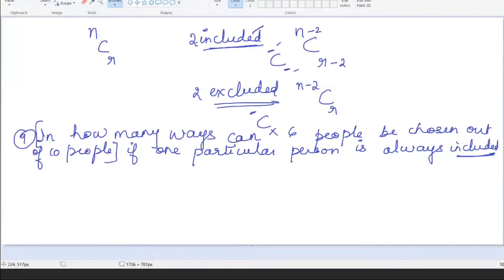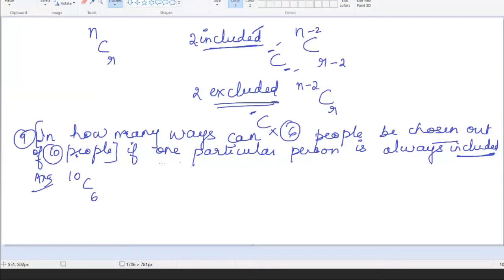Just concentrate when I'm writing here. Now, read that question. In how many ways can six people be chosen out of 10 people? So, what will be our answer? Isn't it 10C6? Okay, so I'm just stopping till here. 10C6.